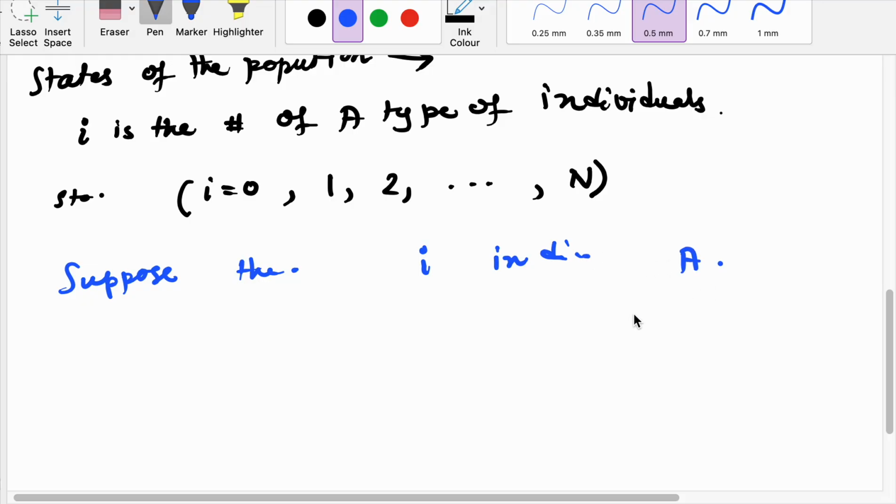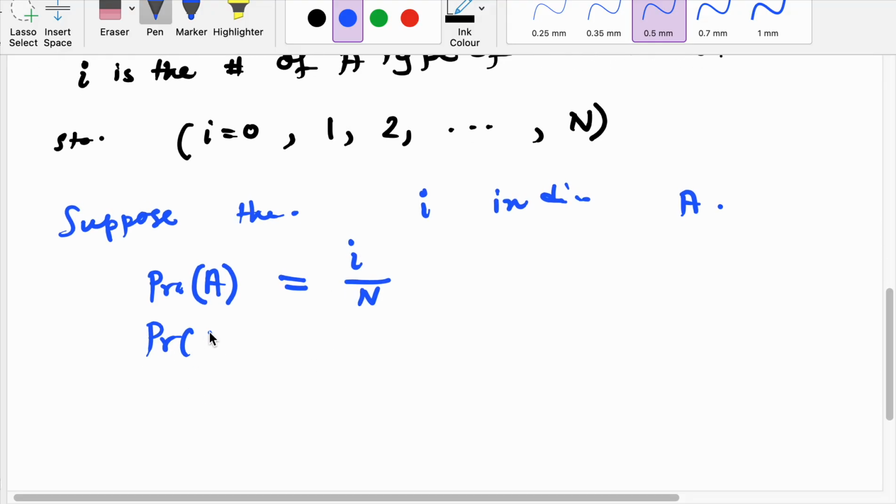Now I want to randomly pick an individual from the population. What is the probability of picking an A type individual? That will obviously be i by n. And what will be the probability of picking a B type individual? That will be n minus i by n.